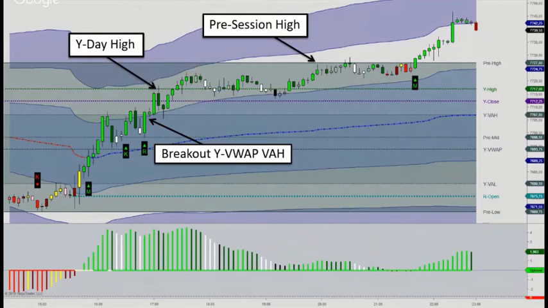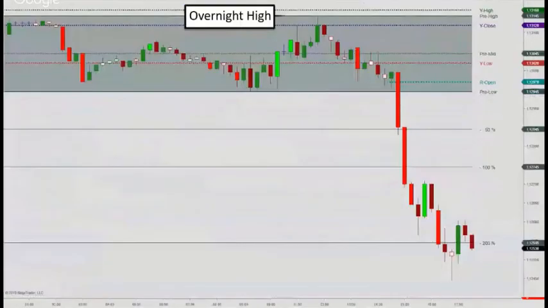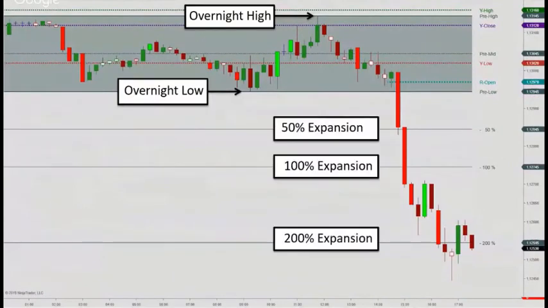Now, this chart doesn't give us much opportunity to review the overnight extension band, so let's just have a quick look at another example where those come into play. This is a 15-minute chart of the Euro futures contract from Tuesday. And what we see here is a breakout from the pre-session low right after the regular open.